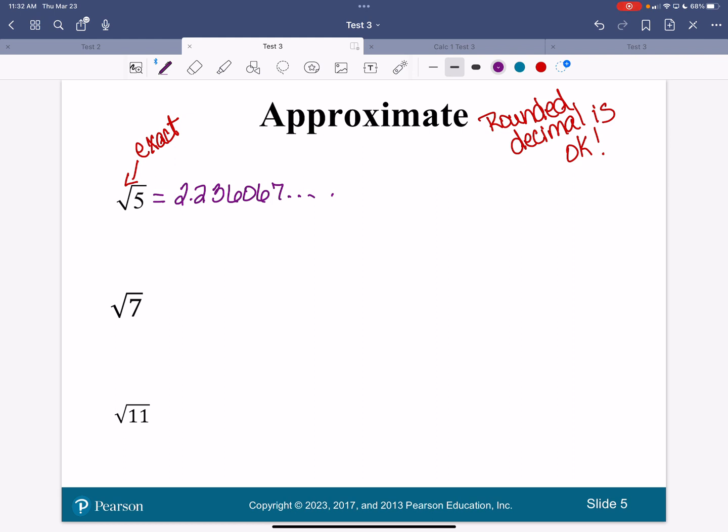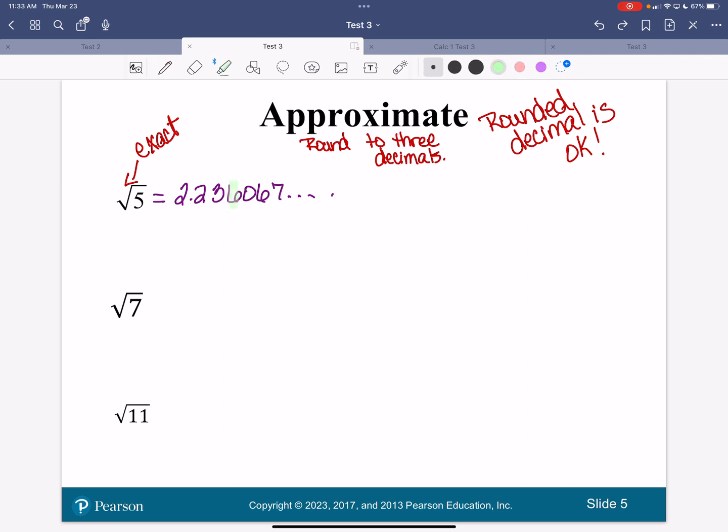That means it's a non-repeating and non-terminating decimal. So we're going to round to 3 decimal places. When I round, I am going to round to the 3rd decimal spot right here.